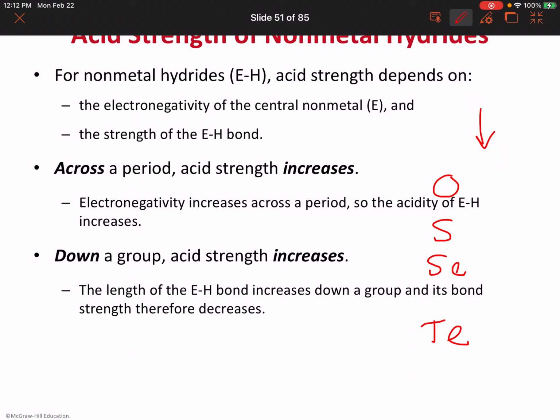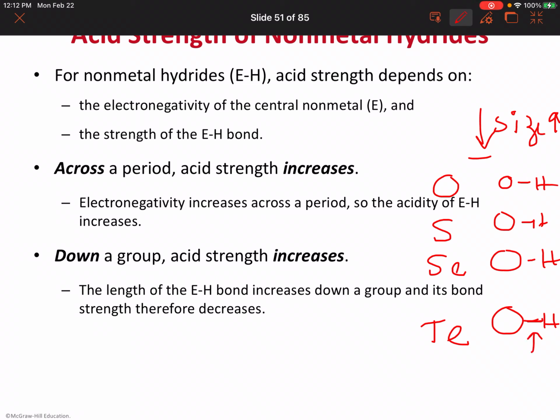Size increases. Remember, size increases as you go down the periodic table. So the smaller size is getting bigger and bigger. And then you have a hydrogen attached to this. As the bond length increases, strength decreases.